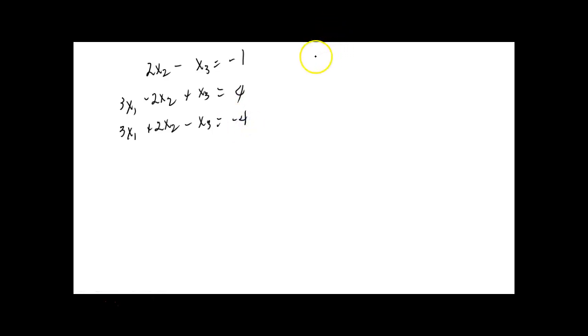Or B, which is 2x sub 2 minus x sub 3 is equal to minus 1, 3x sub 1 minus 2x sub 2 plus x sub 3 is equal to 4, and 3x sub 1 plus 2x sub 2 plus x sub 3 is equal to minus 4.